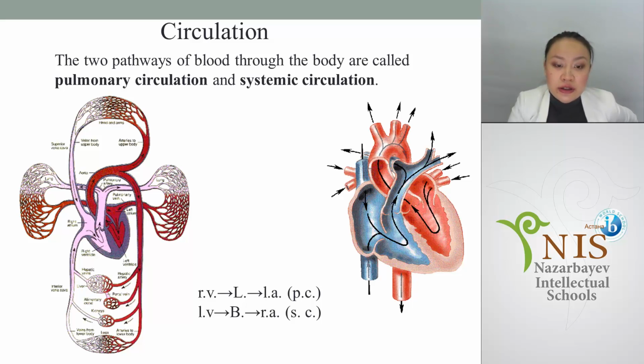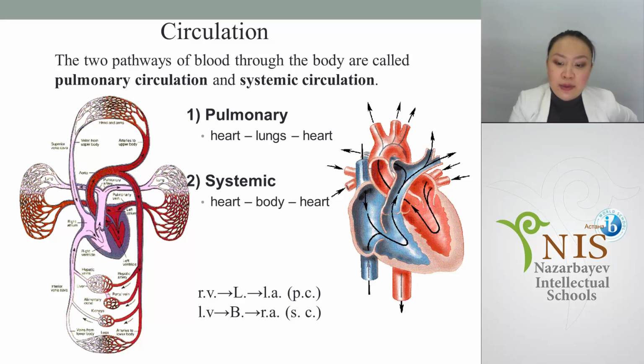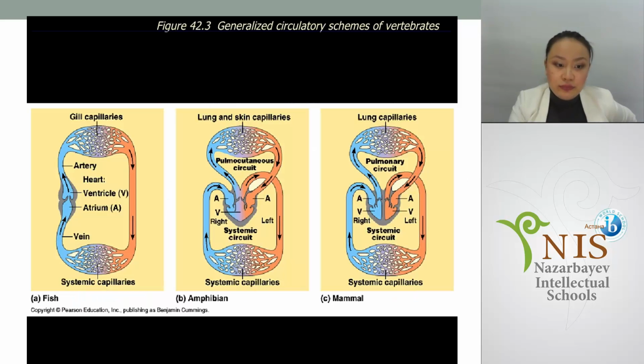In Russian we call pulmonary circulation малое кровообращение, systemic circulation большое кровообращение. Pulmonary circulation: heart, lung, heart. Systemic: heart, body, heart.